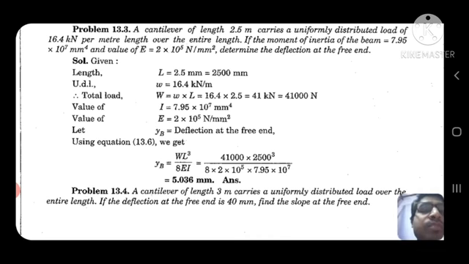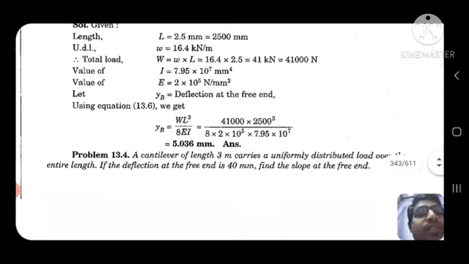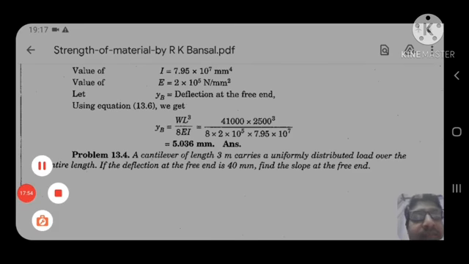So total load W is equal to w into L, 16.4 into 2.5, 41 kilonewton, so 41,000 Newton. The value of I is equal to 7.95 into 10 to the power 7 mm to the power 4. The value of E is equal to 2 into 10 to the power 5 Newton per mm square. Let yb be the deflection at the free end.